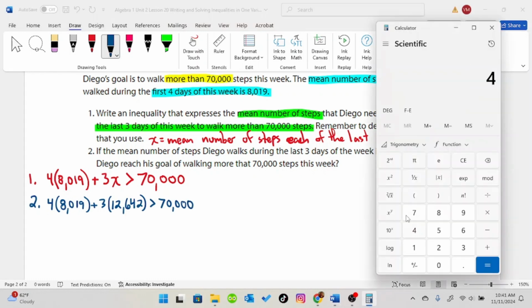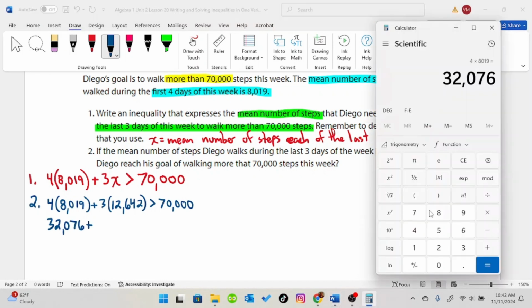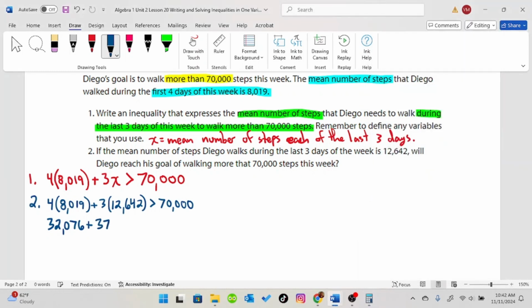So in a calculator, 4 times 8,019 equals 32,076. Then 3 times 12,642 equals 37,926. And again, that needs to be more than 70,000 to make this true.